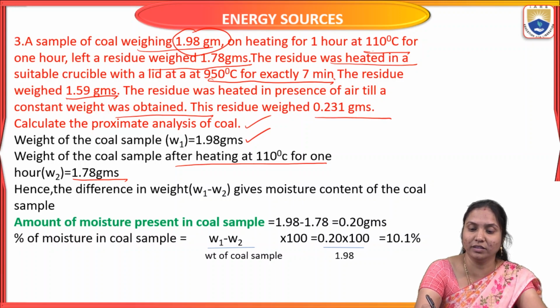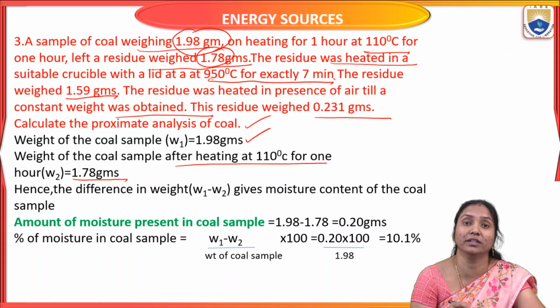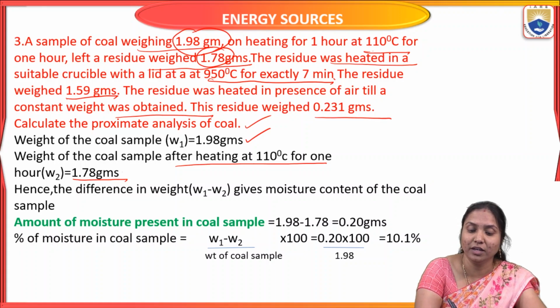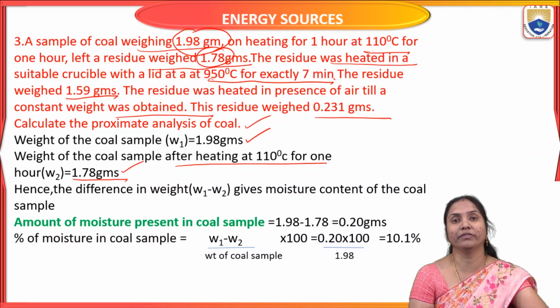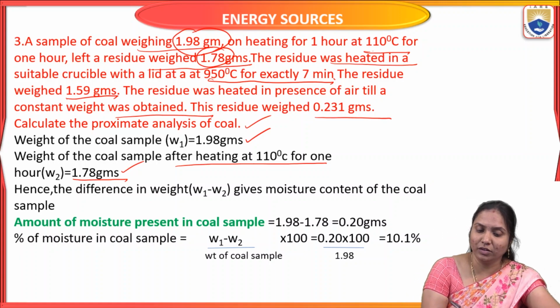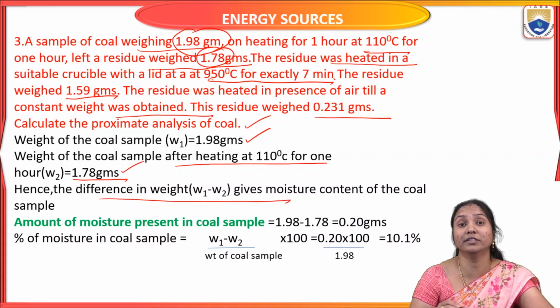Its value is 1.78 grams. Starting, we take the coal sample weight as 1.98 grams. After heating for 1 hour, maintaining the temperature at 110 degrees centigrade, the weight of the coal sample is 1.78 grams.